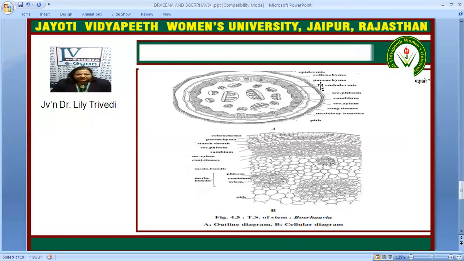Now this is the diagrammatic: epidermis, collenchyma, parenchymatous, and endodermis. Then we have the secondary phloem and the cambium and the secondary xylem. Now these are the conjunctive tissue here present and the medullary bundles or the pith. So let's have a look again.